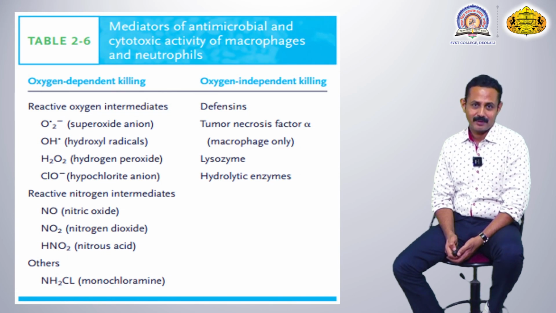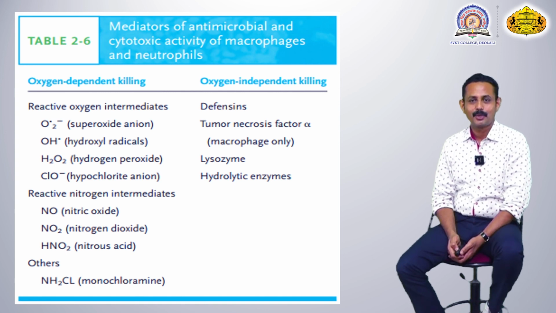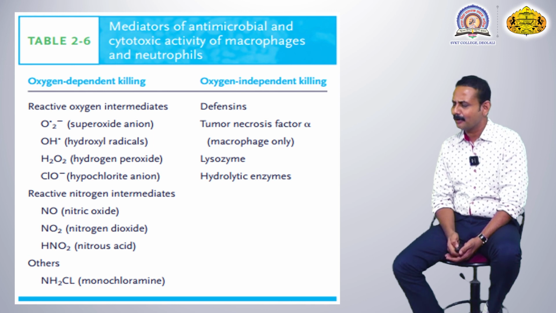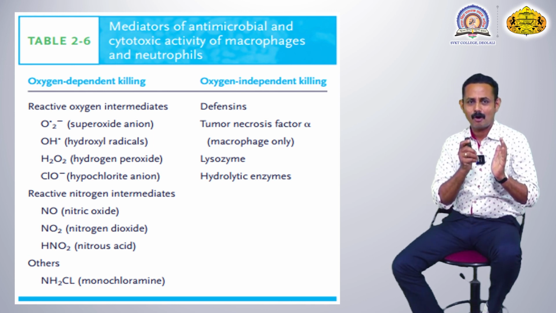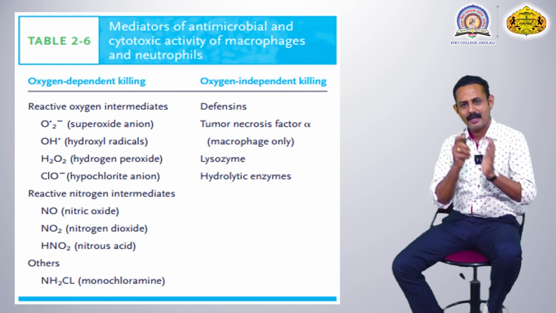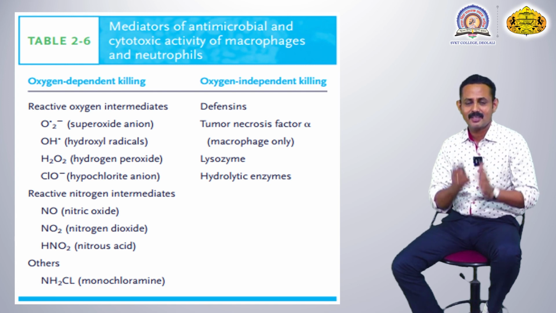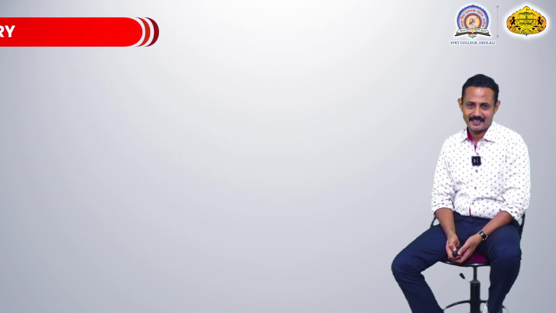So, in the oxygen independent killing mechanism, defensins, tumor necrosis factor, then lysozyme and other hydrolytic enzymes are working here. So, in this chart, what oxygen dependent killing mechanisms there are and what oxygen independent killing mechanisms there are, and how they are working, are summarized for your further detailed understanding.